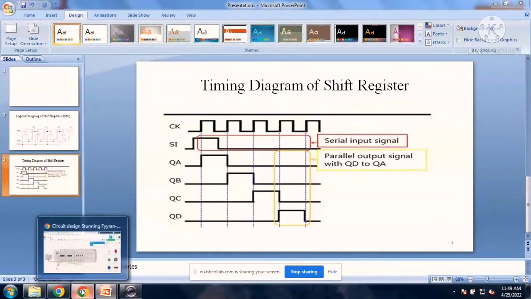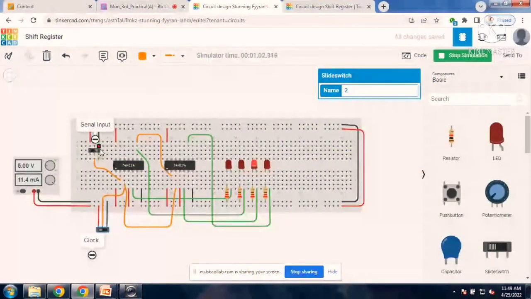The value of serial input is 0 at this time, and when we apply the fourth clock pulse, our fourth output will be 1. So here we see that the data is transferred from QA to QD.